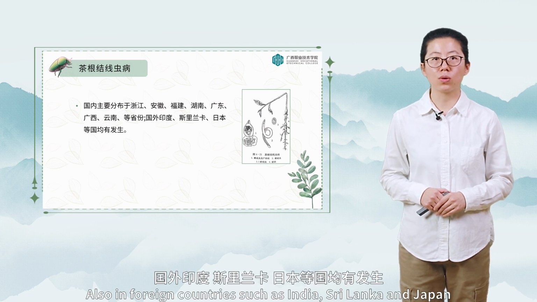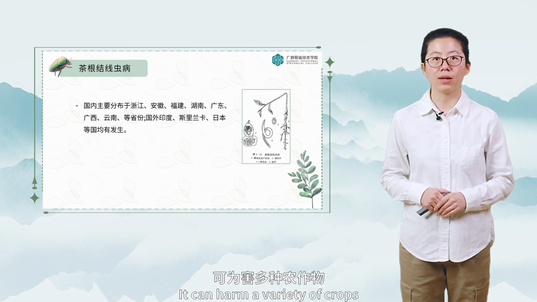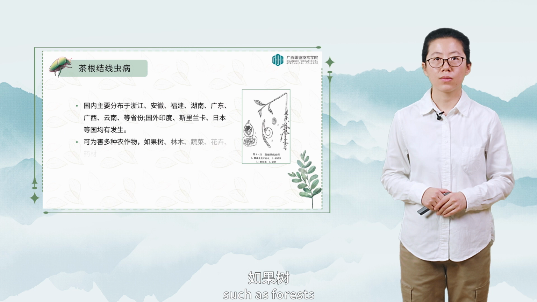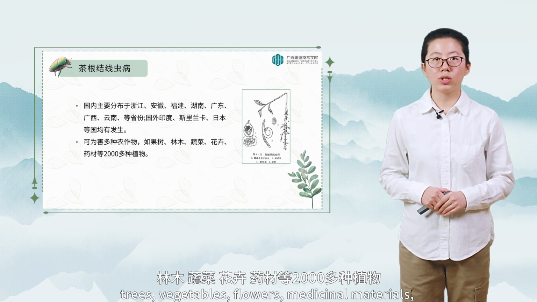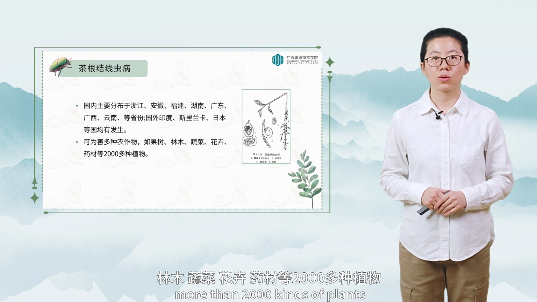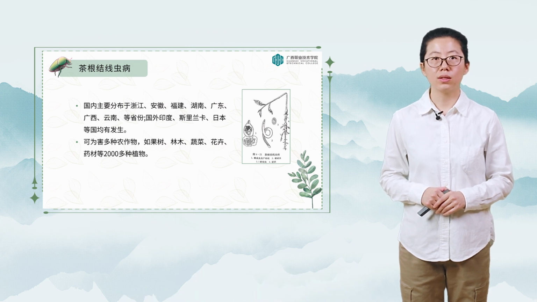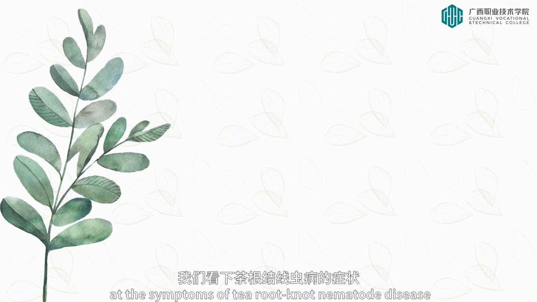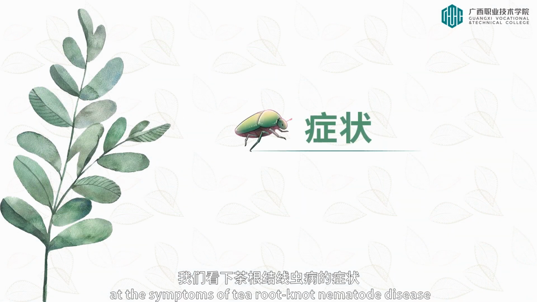Also in foreign countries such as India, Sri Lanka, and Japan. It can harm a variety of crops such as forests, trees, vegetables, flowers, medicinal materials, more than 2,000 kinds of plants. First, let's take a look at the symptoms of tea root knot nematode disease.